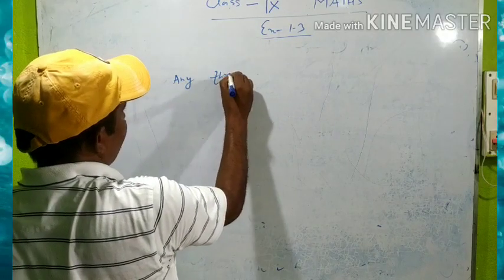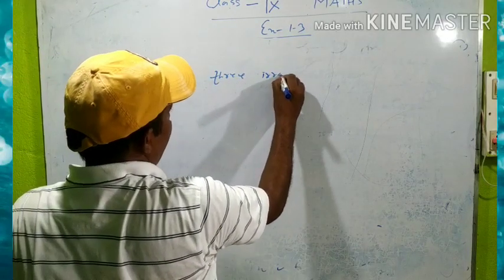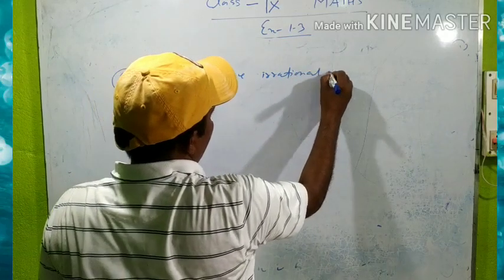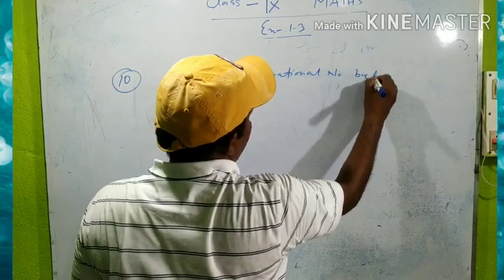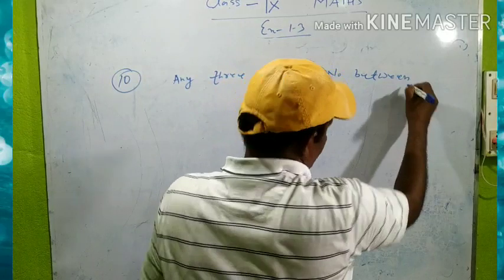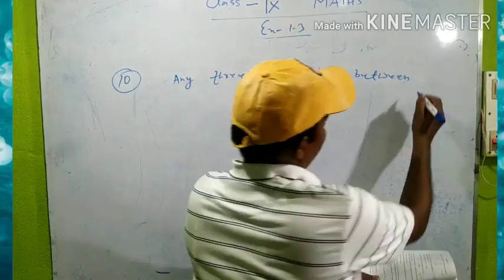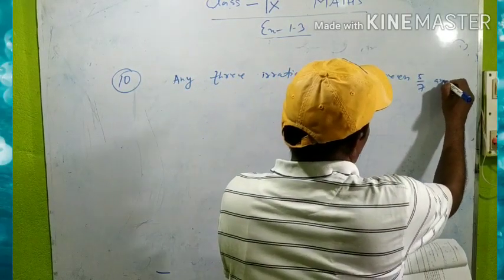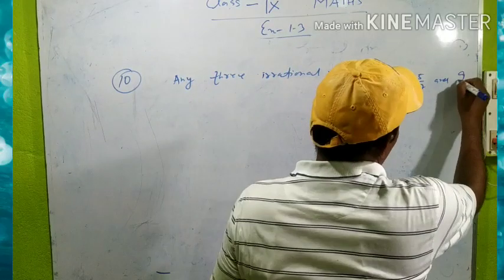Question number 10. Any 3 irrational numbers between 5 by 7 and 9 by 11.